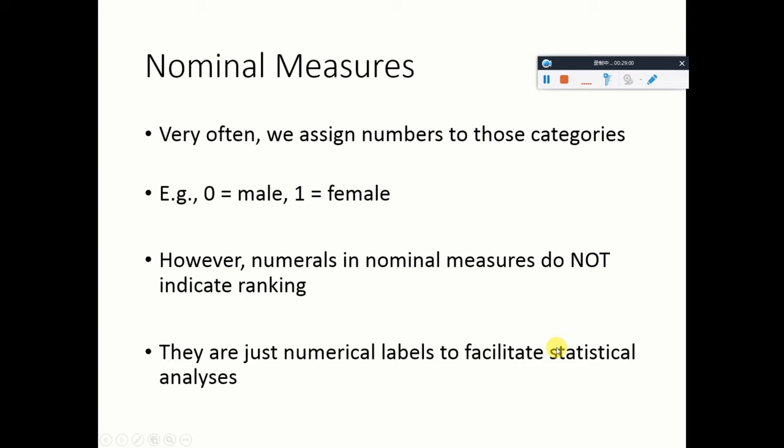Well, I should say all mathematical formulas, including statistics. Formulas for statistics can only handle numbers. They cannot handle words. So that's why we conveniently, so to speak, assign some numbers just for the sake of statistical analyses. Okay.